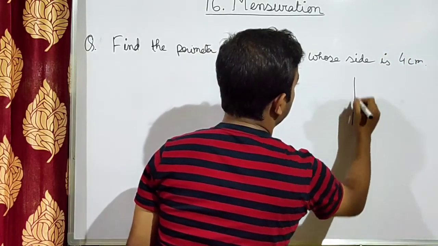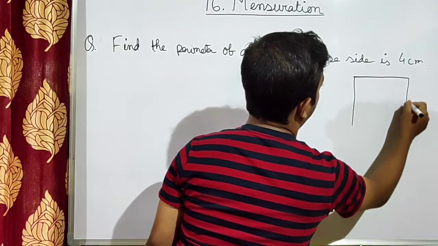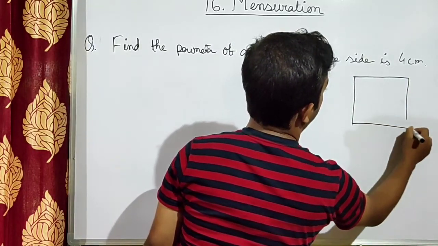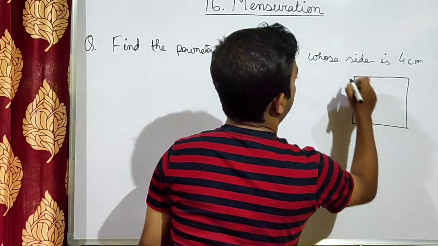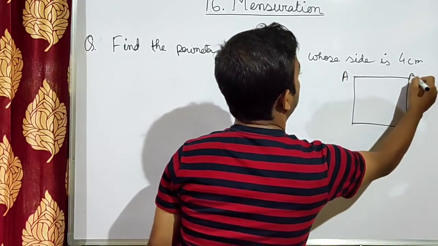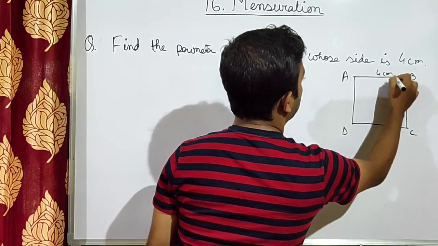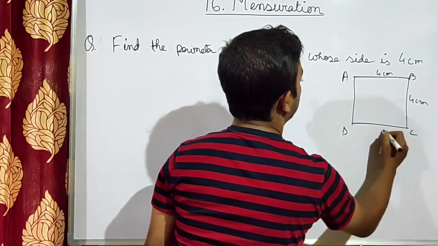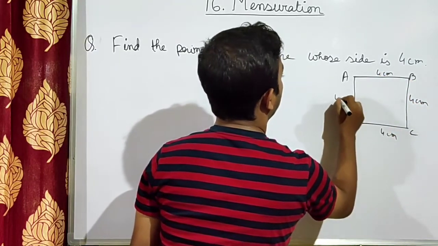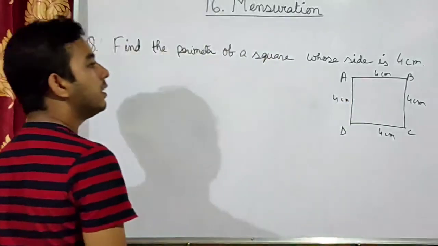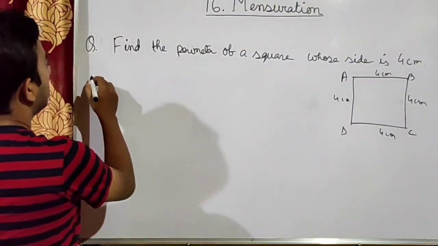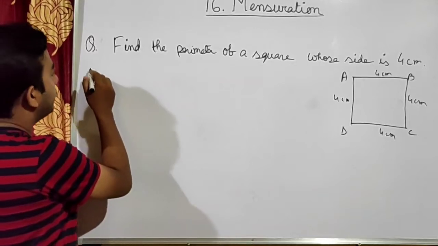That is, we first draw a square and name it A, B, C, D, and its side is 4 centimeter, 4 centimeter, 4 centimeter, 4 centimeter. Clear? Okay. So let us proceed to the solution.